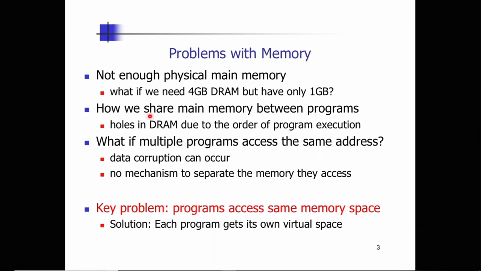A key problem in all of these points is the fact that programs access the same physical memory in the dynamic RAM. So a solution could be that each program gets its own virtual space or virtual memory. That is a very useful alternative that we are going to look at in this lecture: virtual memory.